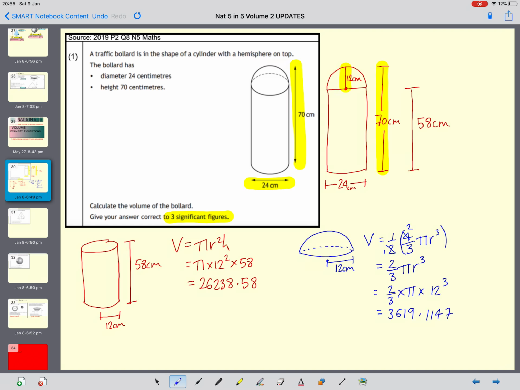So if I was to add these together now, we've got 3619.1147 and 26,238.58. So the total volume, I'll show me adding these.